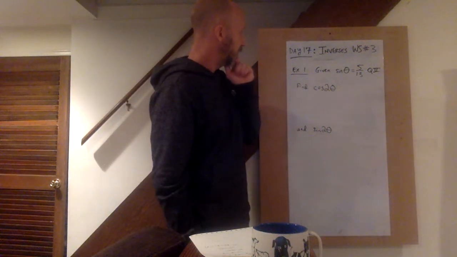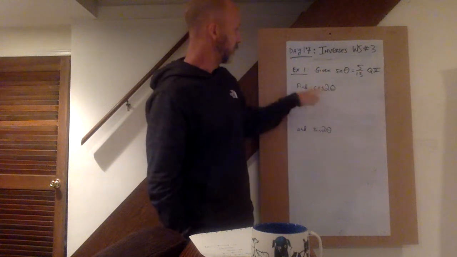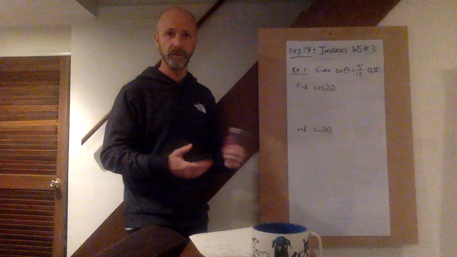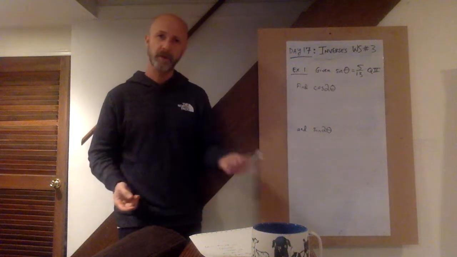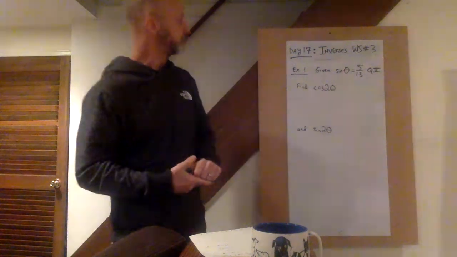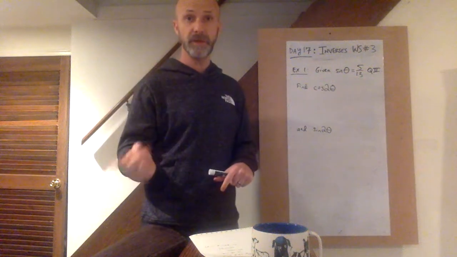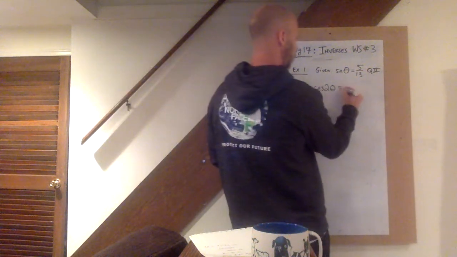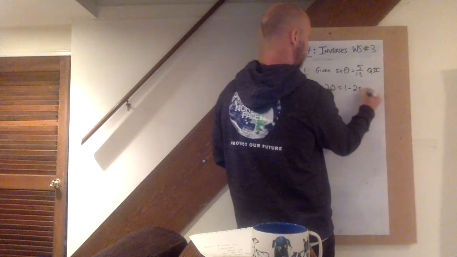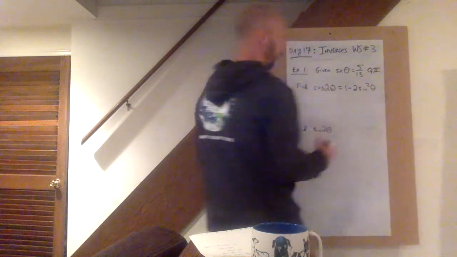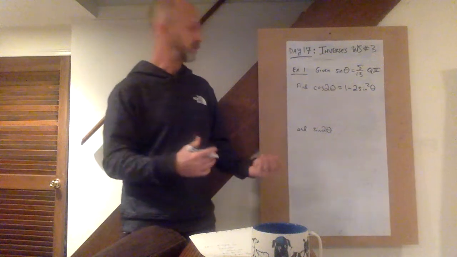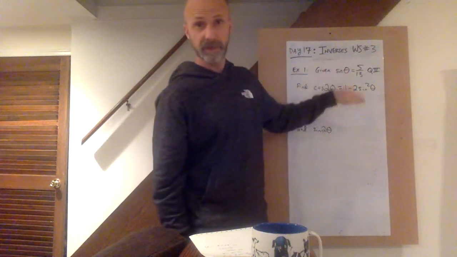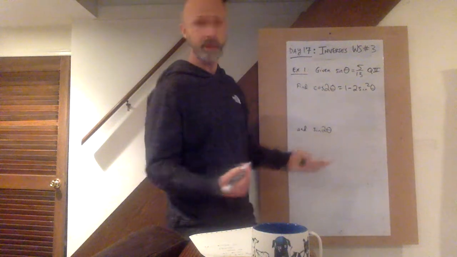So when I'm finding cosine of 2 theta, I can use cosine's double angle identity. And there's 3 varieties, so we can choose wisely. Cosine squared minus sine squared, I could do that. 2 cosine squared minus 1, I could do that. But I'm going to choose to use 1 minus 2 sine squared. You might wonder why I choose that one. Well, I'm given sine of theta, so I can plug sine of theta in, and I'm done.